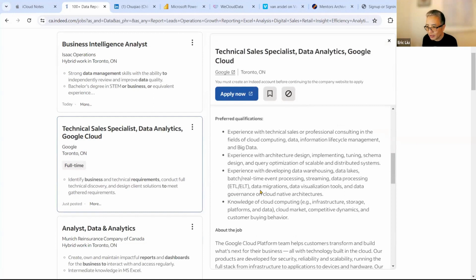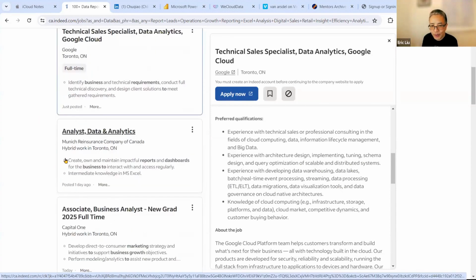It requires you to understand data warehousing, data lakes, real-time event processing, streaming, ETL, right? We mentioned ETL a while ago. And if you have worked with GCP, it definitely helps you, so you know enough to sell GCP as a service.